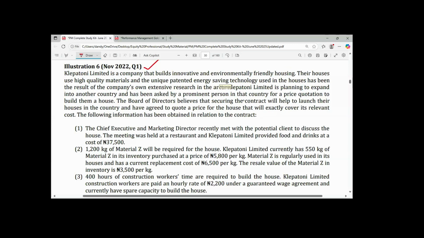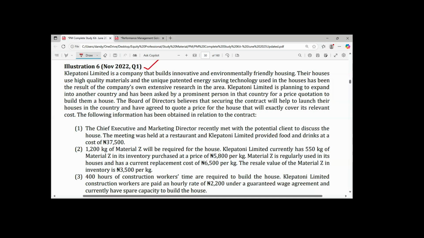Clepatoni Limited is a company that builds innovative and environmentally friendly housing. Their houses use high quality materials and a unique patented energy saving technology, which has been the result of the company's own extensive research in the area.